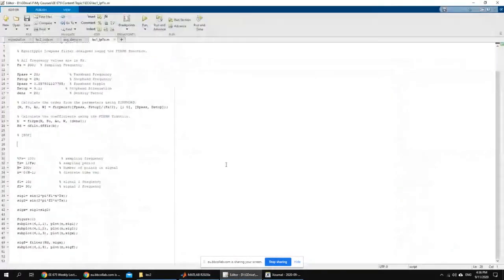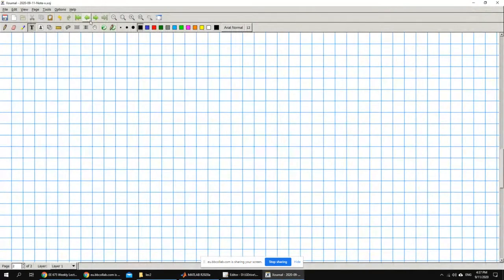So last time, let me go over the code that we had. We simulated two sinusoidal signals. As we said last time, any sinusoidal signal will be S of t, for example, equal to sine of 2 pi f naught t, as a function of time.